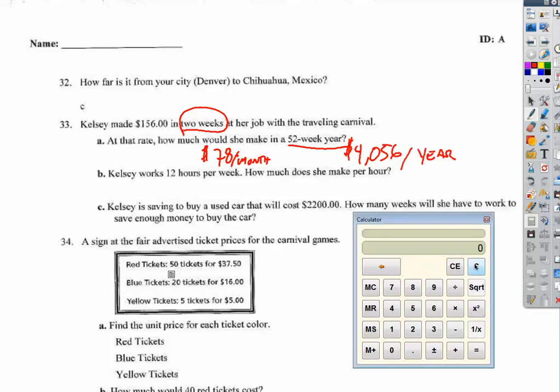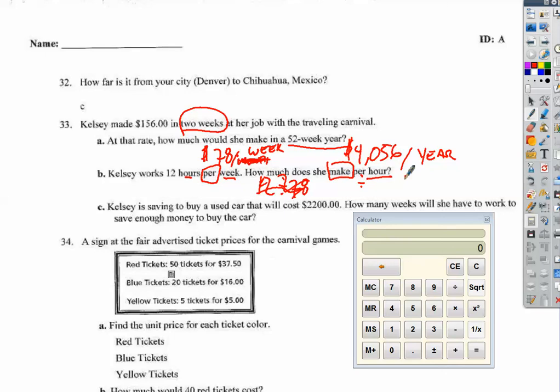All right, Kelsey works 12 hours per week. Oh, that's convenient. Because, oh, that's not per month, it's per week. Because we already know our weekly rate. Per means divide. So hours divided by money per week. So we have 12 divided by 78. Oh my goodness. How much does she make per hour?